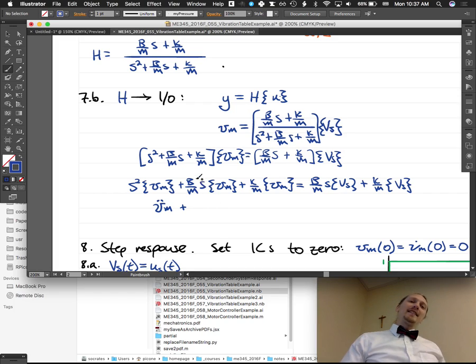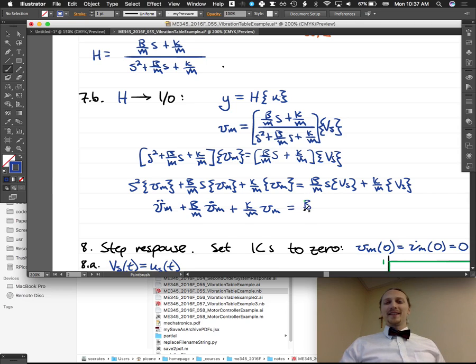Plus, this is a mixture of a scaling operator and a derivative, which is equivalent to just B over M Vm dot, plus K over M, a scaling operator is just multiplicative. So, word of the day, multiplicative. Vs dot plus K over M Vs.